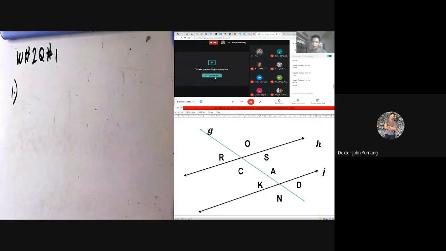Okay, let's start with the corresponding angles. Well, anyway, nasa whiteboard naman yung sagot. The first corresponding angles, pwede pong mag-rumble or mag-interchange.